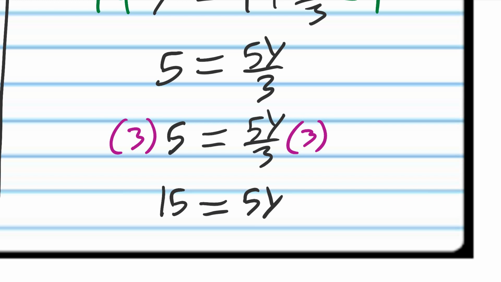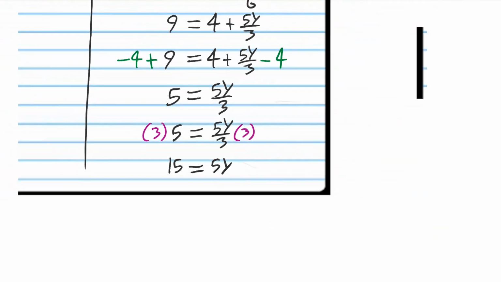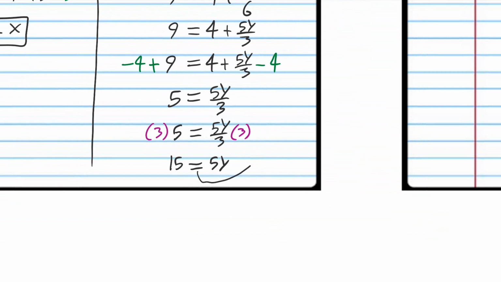So 3 times 5 is 15, the 3's cancel out, and now I'm going to put an arrow up here, and I'm going to rewrite that because we have one more step. Divide both sides by 5, and our final answer is 3.